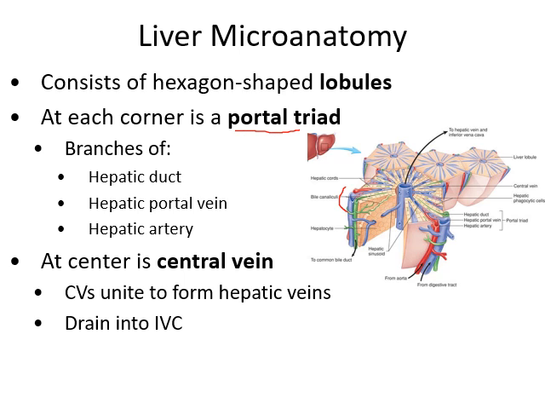You can see here at this lobule, this lobule, this lobule, they all have these three vessels or ducts. There is the hepatic duct. That is the green, because remember, one of the functions is that the liver makes bile.